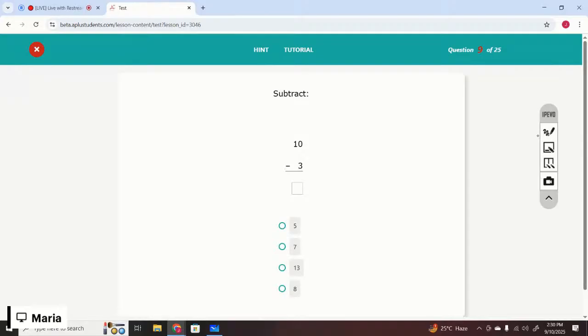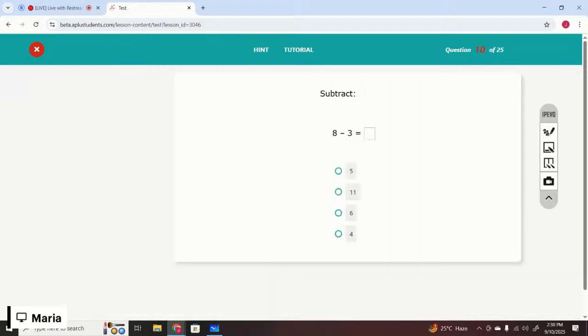Ten take away 3 is 7. Option number 2 is the correct option.